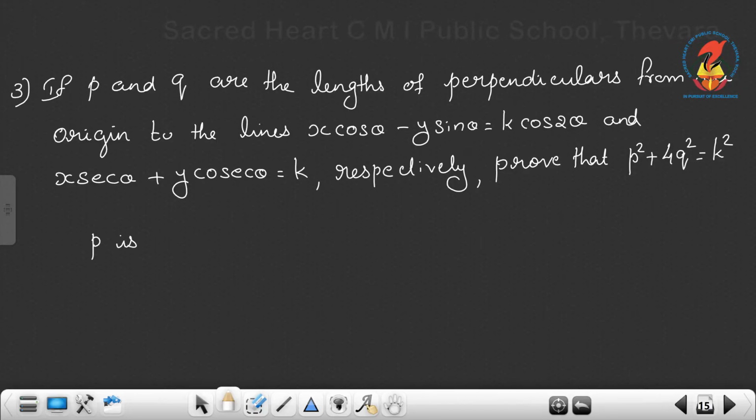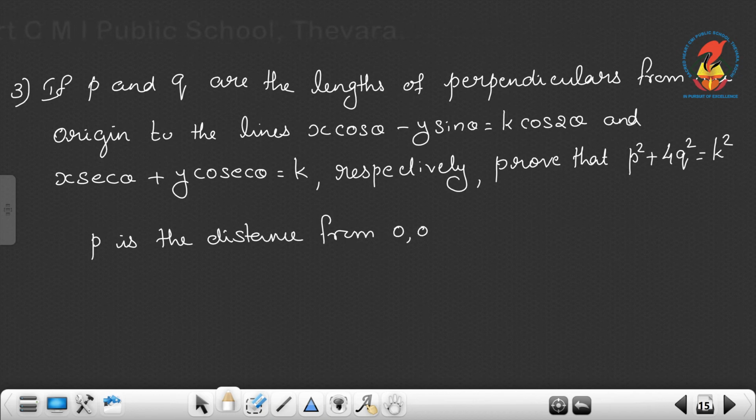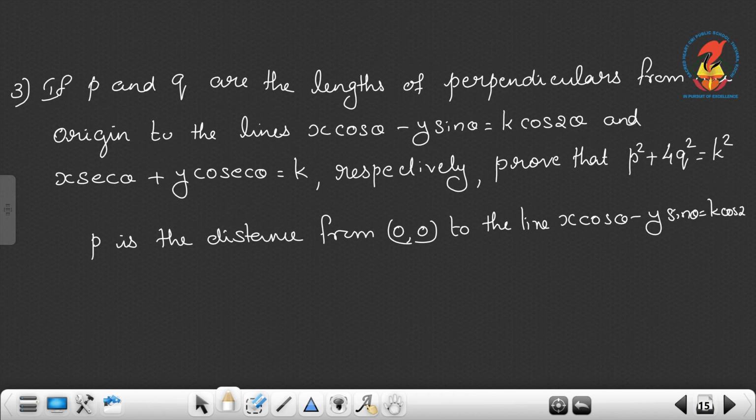P is the distance from the origin, that is 0, 0, to the line x cos theta minus y sin theta equal to k cos 2 theta. So we can write modulus; for x and y you have to substitute this.